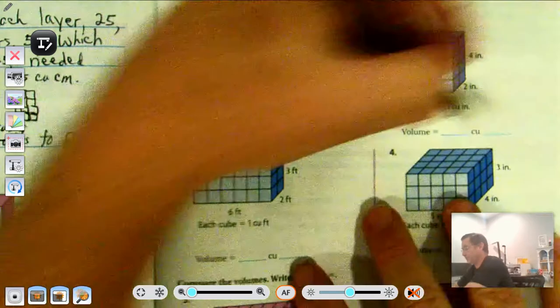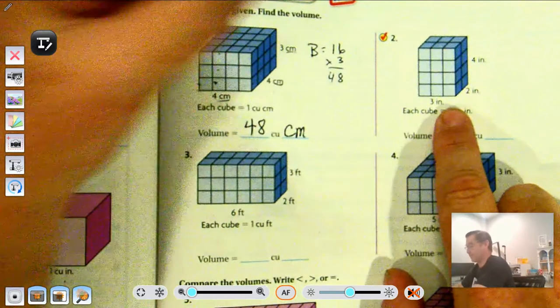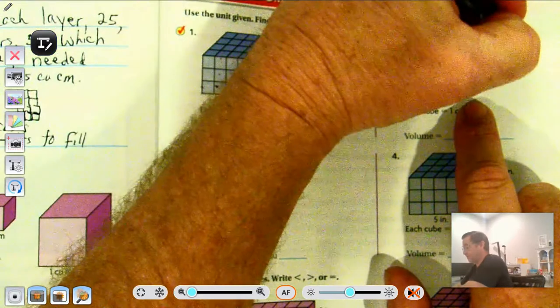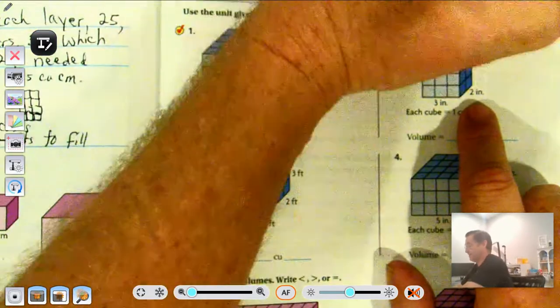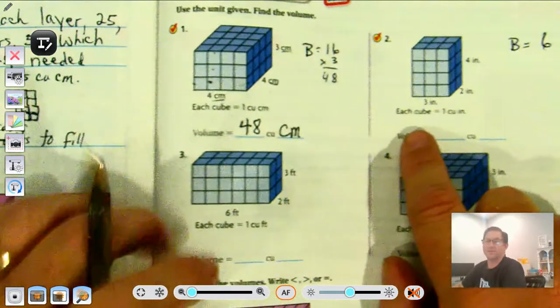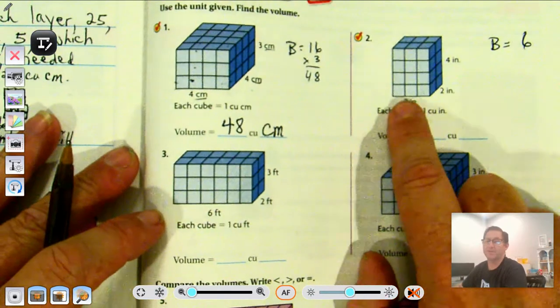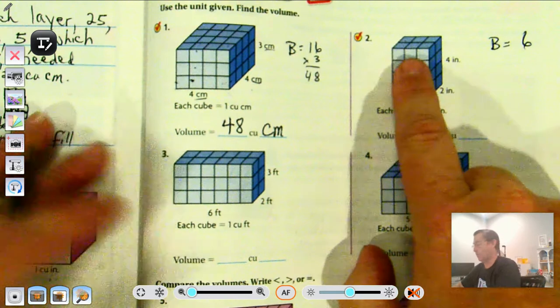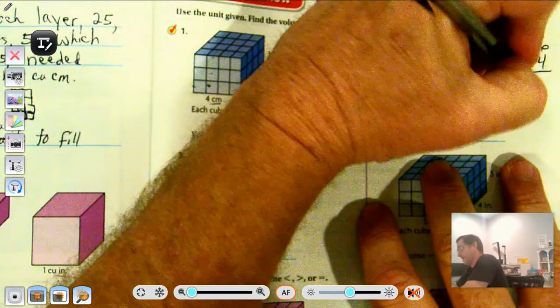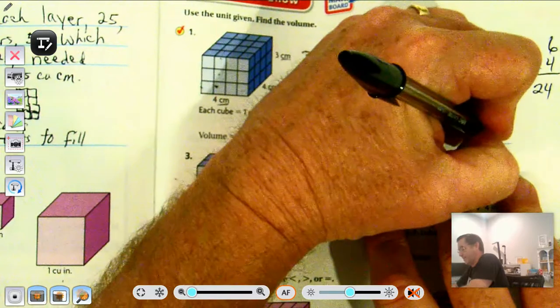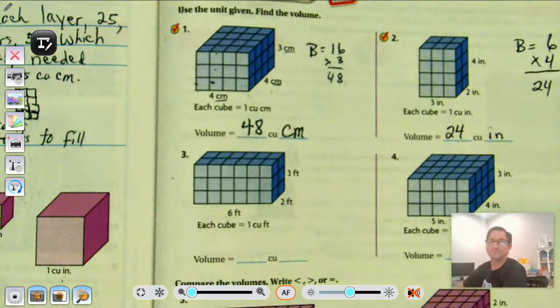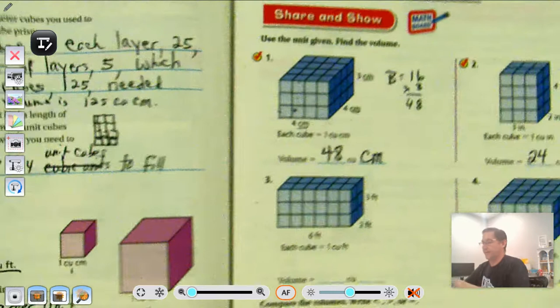In number 2, I have a base of 3 times 2. So how many do we have in the base? 2, 4, 6. How many layers of 6 do we have? We have 1, 2, 3, 4. So 6 times 4. So 24 cubic inches. Number 3.